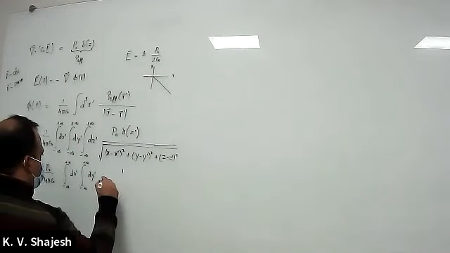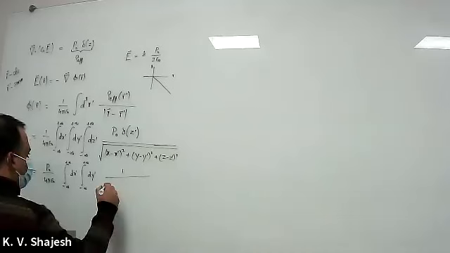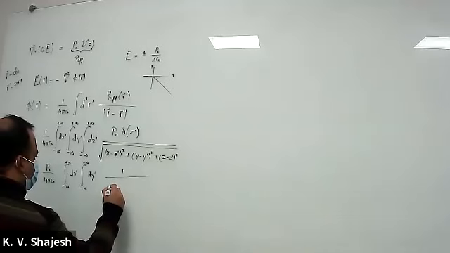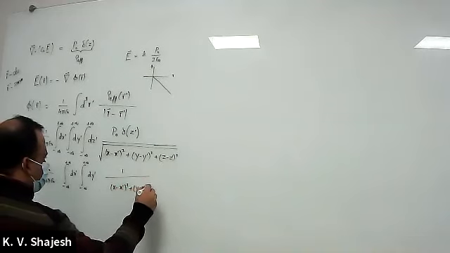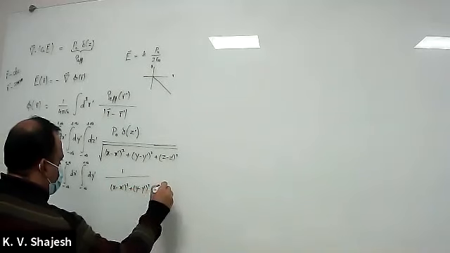So that's 1 over the square root of (x minus x prime) squared plus (y minus y prime) squared plus z squared.